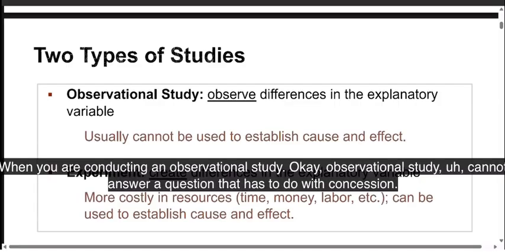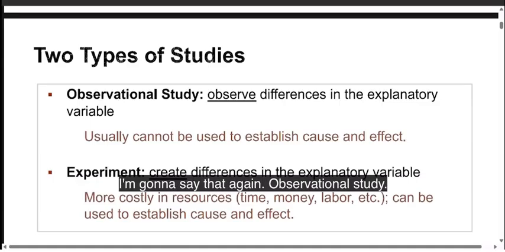When you are conducting an observational study, it cannot answer a question that has to do with causation. I'm going to say that again: an observational study cannot answer a question that has to do with causation.